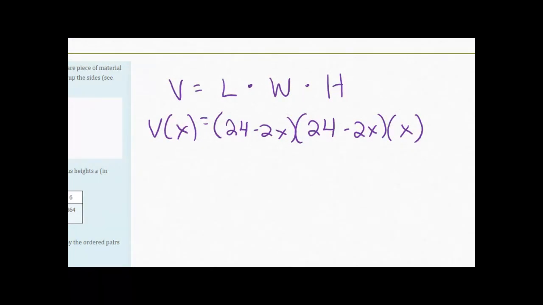And then the question says determine the domain. So let's look at the domain rules that we just talked about. We assume the domain is all real numbers except if you're dividing by 0 or you have a square root or a fourth root or something in there, and then you have to worry about exceptions. Knowing those rules, what would be the domain here?